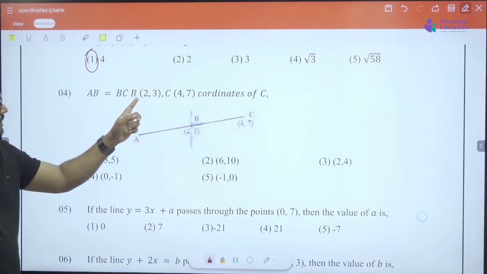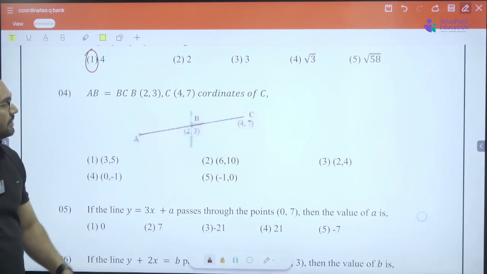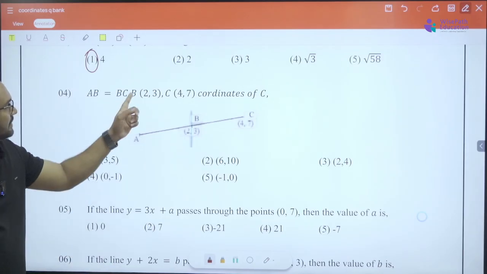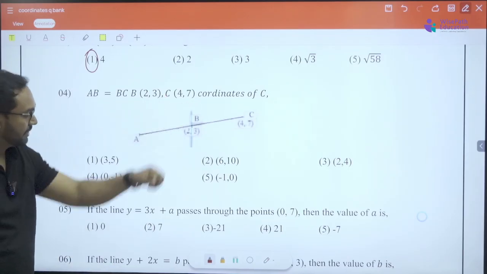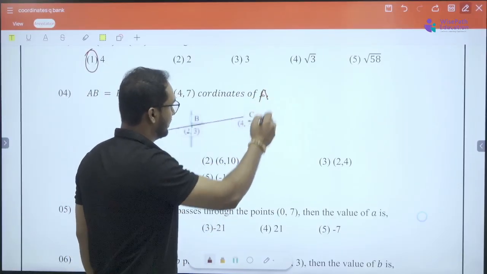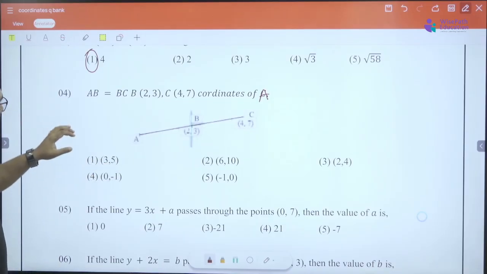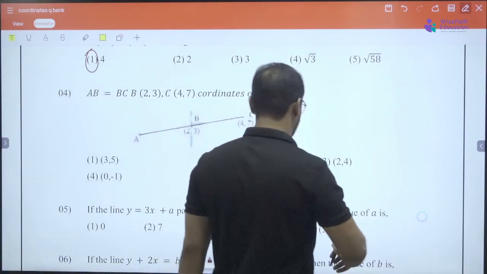And they have given the coordinates of B as 2, 3. The coordinates of C are given as 4, 7. It's supposed to be coordinates of A, sorry. B is given, C is given, it should be coordinates of A here, right? So it's something like this: 2, 3, 4, 7.